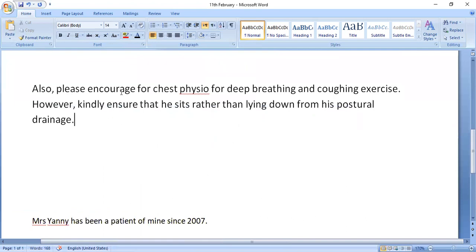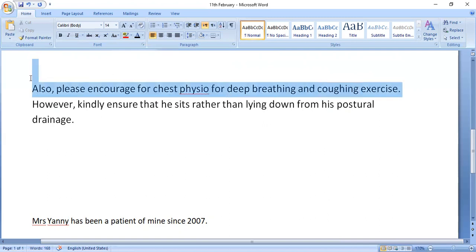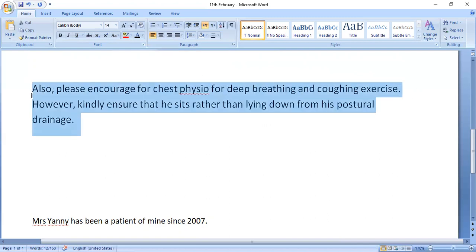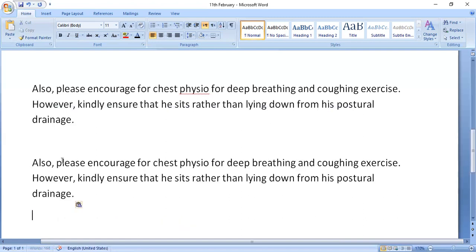Also, please encourage for chest physio for deep breathing and coughing exercise. However, kindly ensure that he sits rather than lying down for his postural drainage. Okay, any mistake in the first sentence? Let us copy it here.